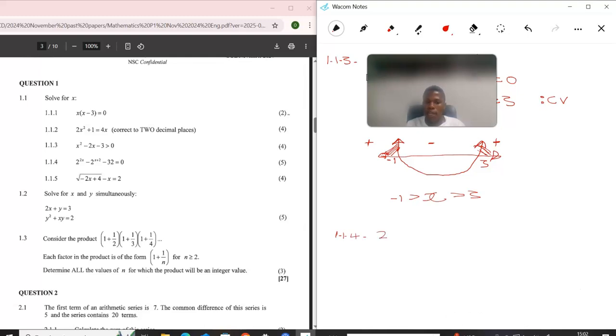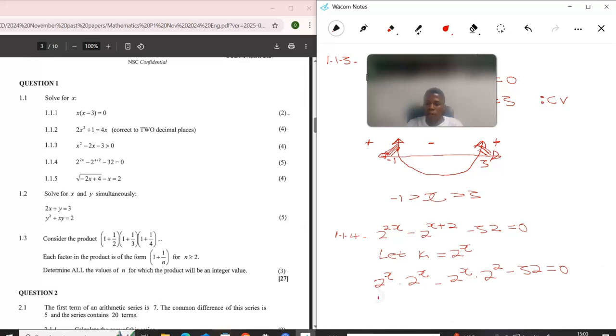Question 1.1.4 says 2 exponent 2x minus 2 exponent x plus 2 minus 32 is equal to 0. Okay, guys, for this question I'm going to use a k method, where I'll say let k be equal to 2 exponent x. Therefore, this can be written as 2 exponent x times 2 exponent x minus 2 exponent x times 2 exponent 2 minus 32 is equal to 0.